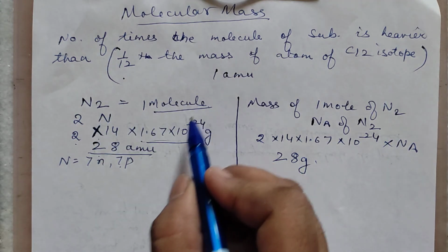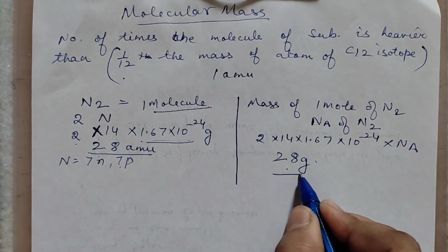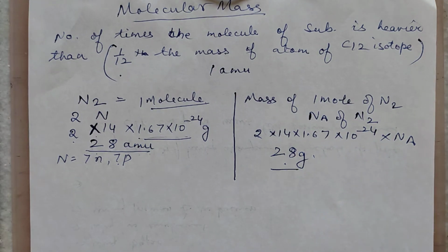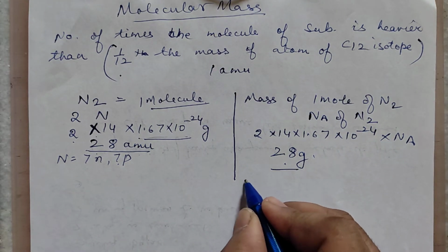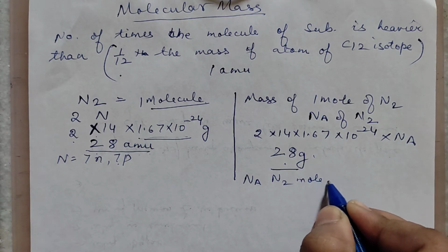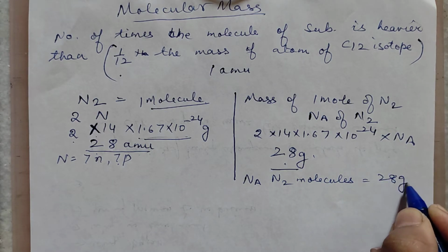Mass of one molecule is this. In terms of gram only, if you want to write down the mass of one molecule, then you write Na nitrogen molecules weigh 28 grams.